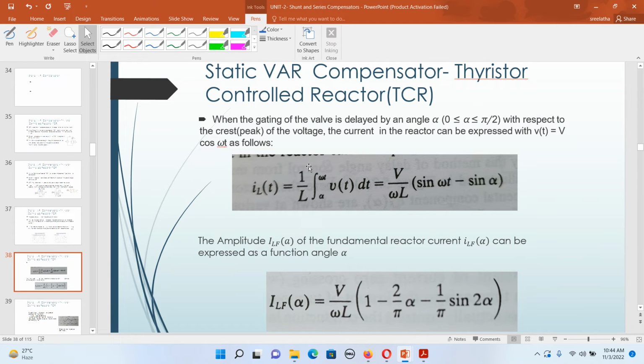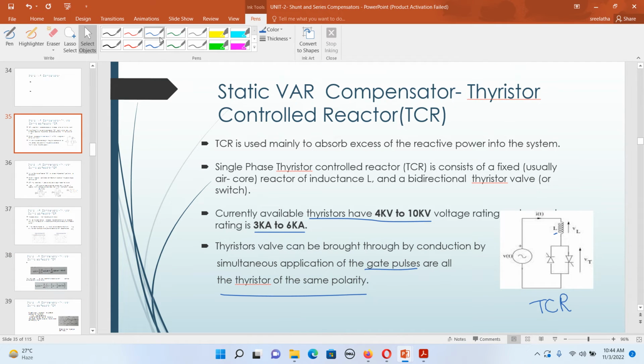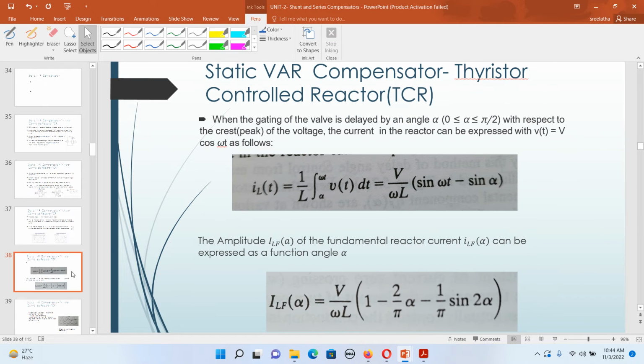When V is equal to cos omega t and alpha lies between 0 to pi by 2, the current flowing through this is given by the equation: I_L of t is equal to 1 by L integration from alpha, that is nothing but your firing angle, to omega t, your cycle. So it will give V by omega L times sine omega t minus sine alpha.